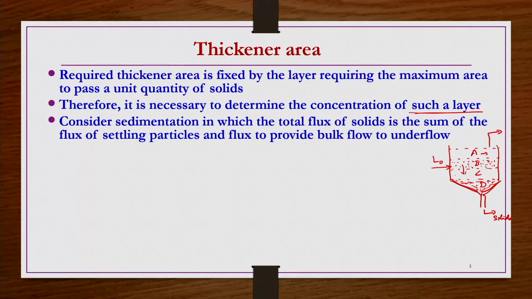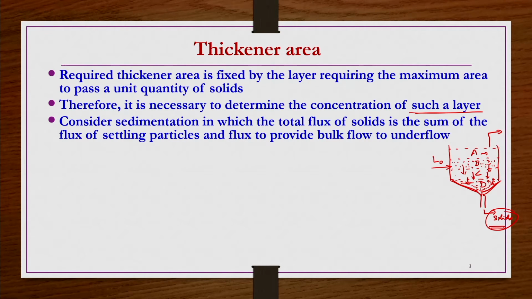From each layer, solids are continuously settling and going towards the bottom zone, the D zone, where the sludge is collected. So, when the solids are settling, there is a batch sedimentation of these solids because of the settling velocity of these particles. There is one flux for the solids because of the settling of these particles. Another flux is the solids being discharged, taken out continuously from the bottom through the underflow discharge. So, there is a solid flux here also.